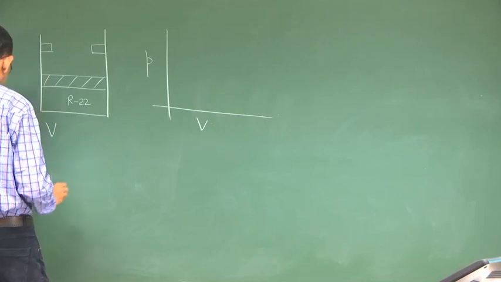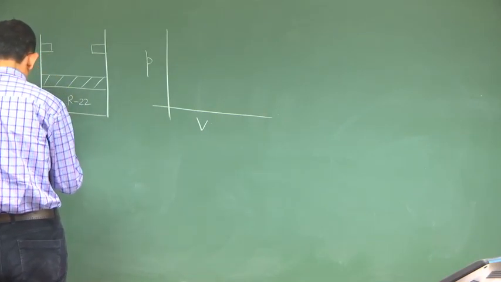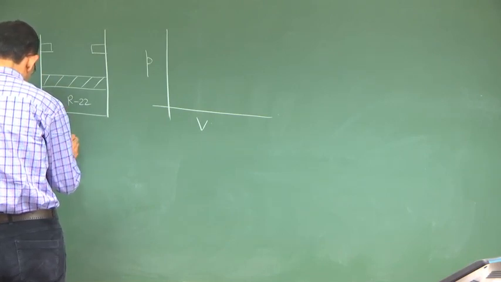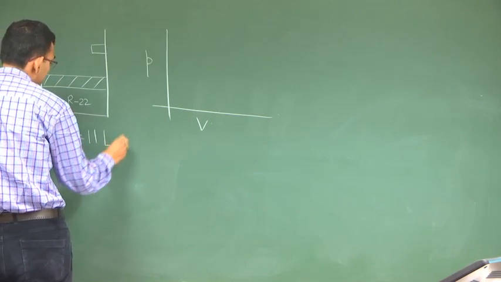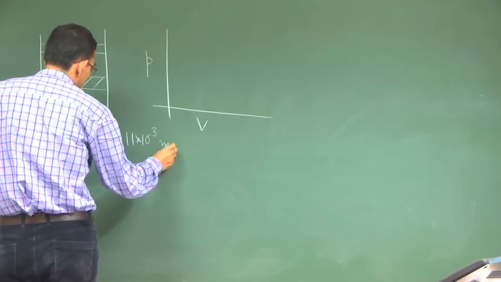So V stop is equal to 11 liter. 11 liter is 11 into 10 to the power minus 3 meter cube.